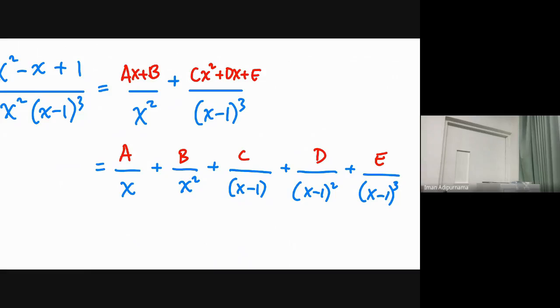So you see the logic from x squared and x minus 1 cubed. Maybe we see the left part first, ax plus b over x squared. If you separate ax over x squared plus b over x squared, you will see that x will cancel and it will become this part, right? And the same thing is happening in here. So whenever you have any repeated linear factors, you can nicely have a constant, a constant, a constant, over all the fractions.